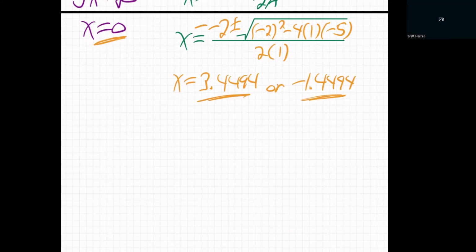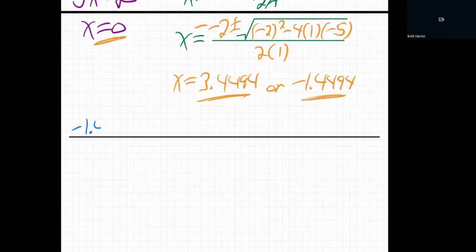I'm going to do a big number line here, and I'm going to put our spots on it, in order. Which one comes first? I'll put the negative 1.4494 right here, and I'll put 0 right here, and positive 3.4494 there.